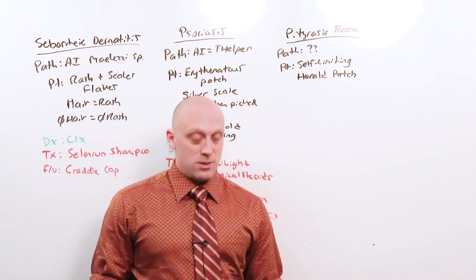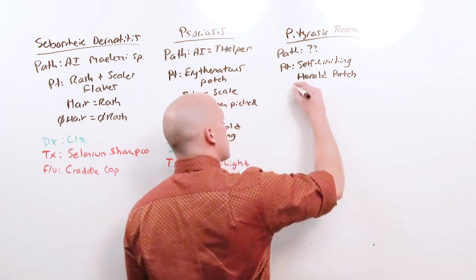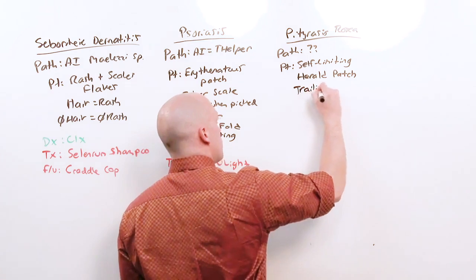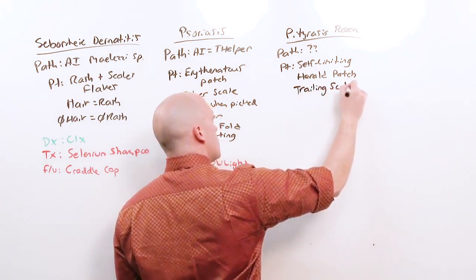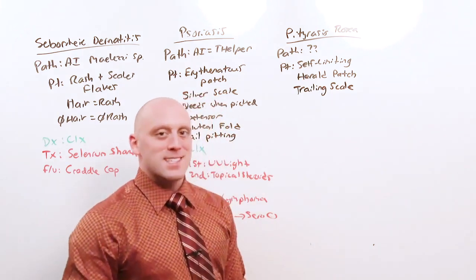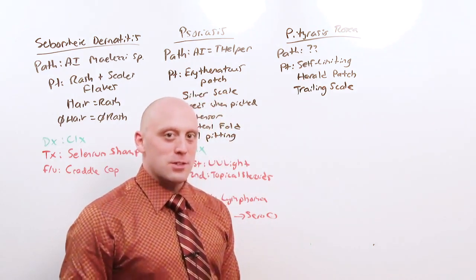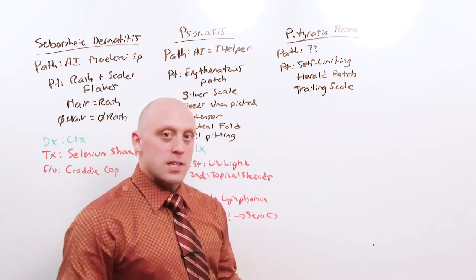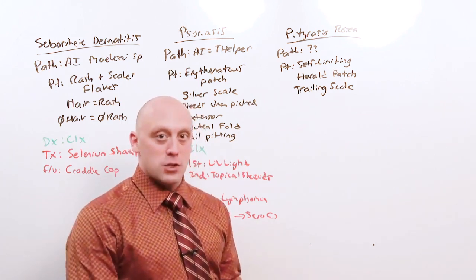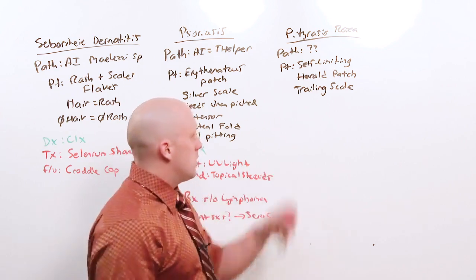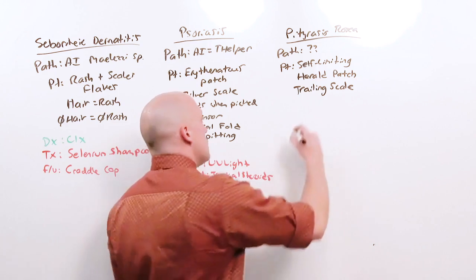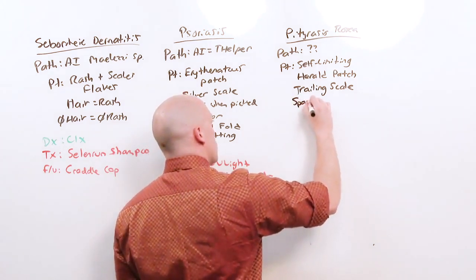Once it scales, then you have a trailing scale. What that means is the scale never quite gets to the end of the patch. So you'll have this discoloration and a scale on it, but the scale will never reach the edge. That trailing scale is pityriasis. And this disease spares the palms and soles.